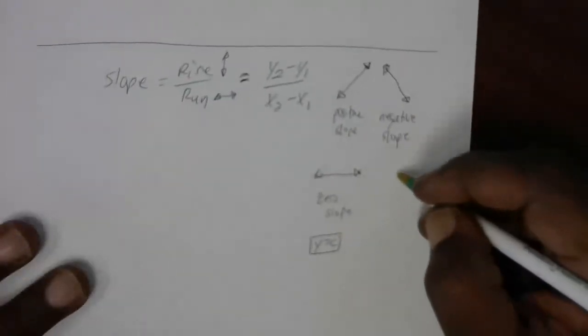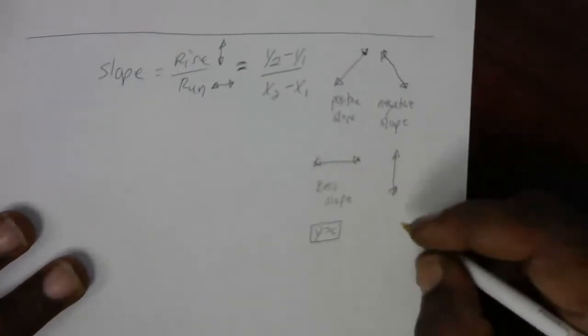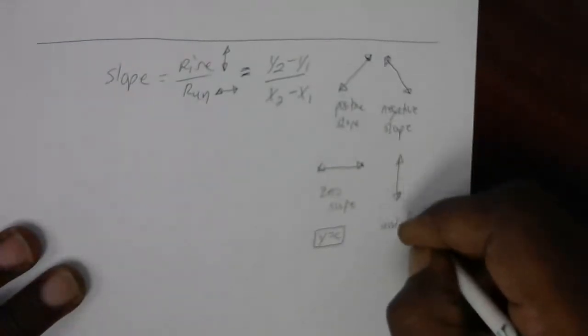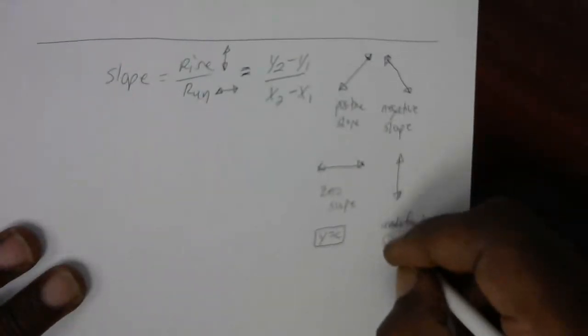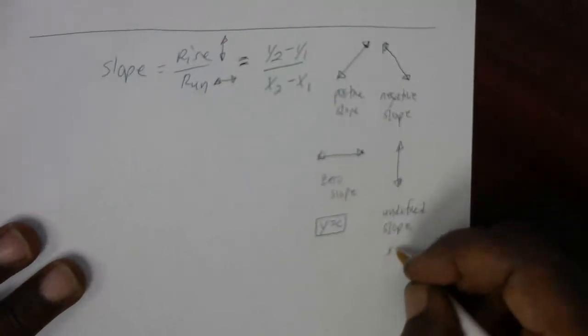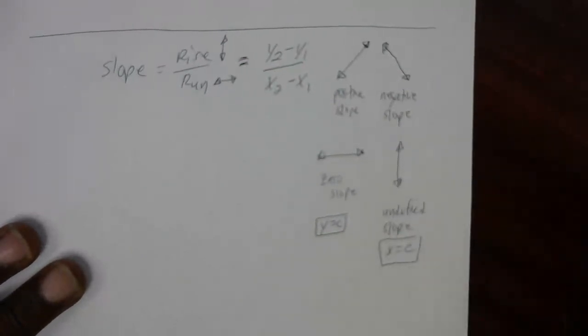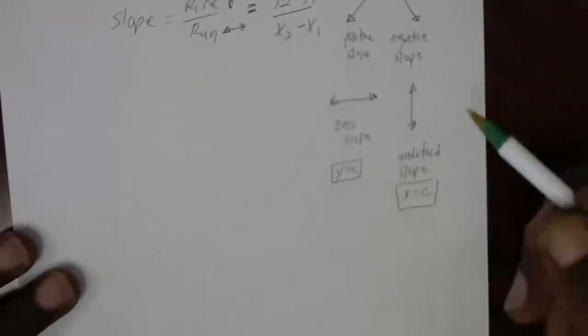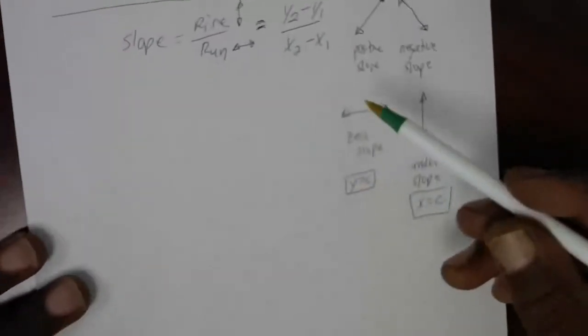And then we have vertical lines, which have an undefined slope, and these equations are in the form x equal to some constant. We're first going to start out with a simple example on finding the slope through 2 points.